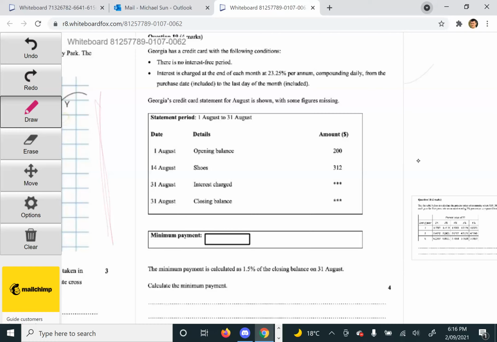And then you have the 312, which equals 315.91.